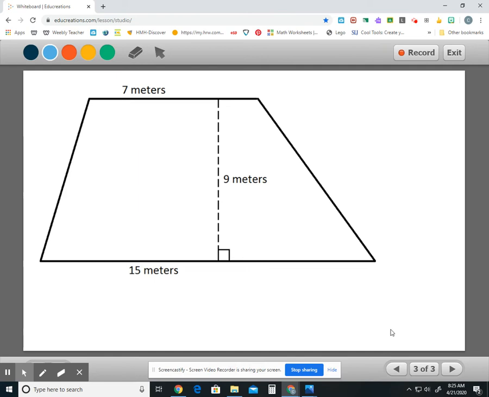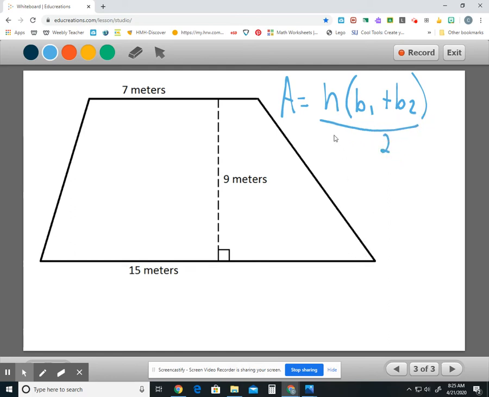Okay, so with the trapezoid, it's a little more complicated as far as the formula. And again, there's multiple formulas out there, just like there is with triangles, but I'm going to use the one I prefer, which is area is equal to the height times, so we have parentheses, base 1 plus base 2, and then we're going to take the whole thing when we're done and divide it by 2.